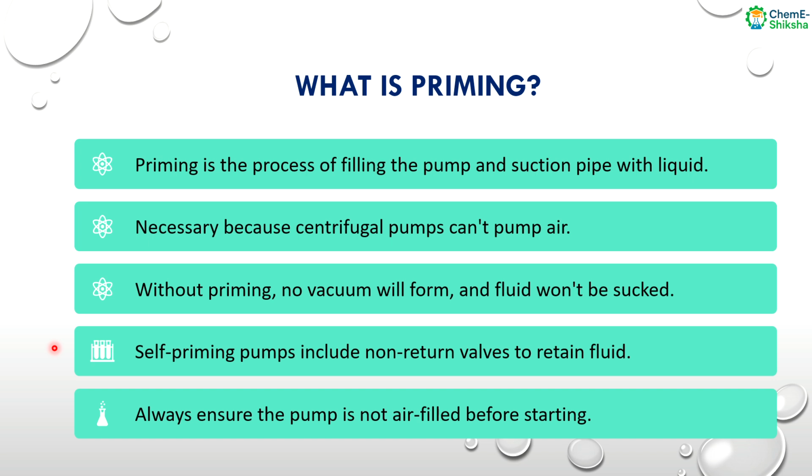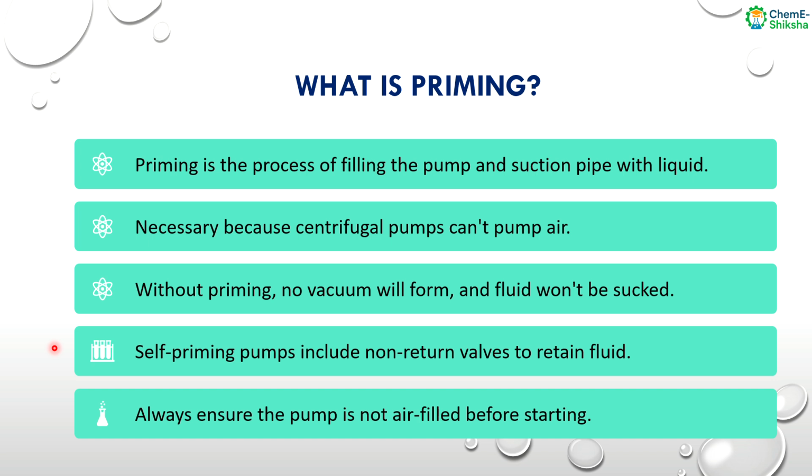So at the starting of the pump, if the pump is full of air, as the air density is very low, the pressure developed by the pump will be very low.